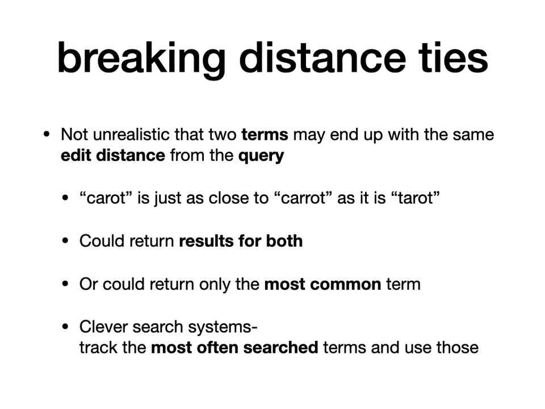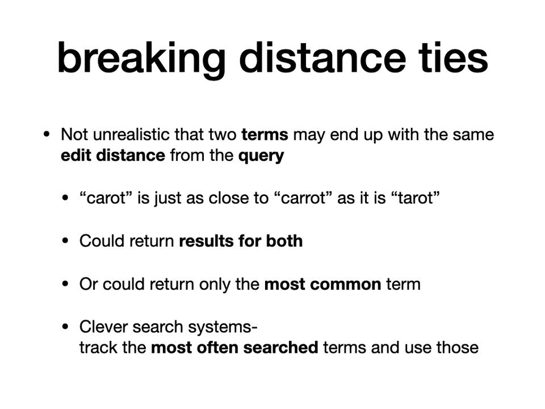So, carrot is just as close to carrot as it is to taro. Now, again, if we use the weighted edit distance, we might not end up with that, right? The first letter being preserved would be meaningful. But in many cases, you will end up in this situation.